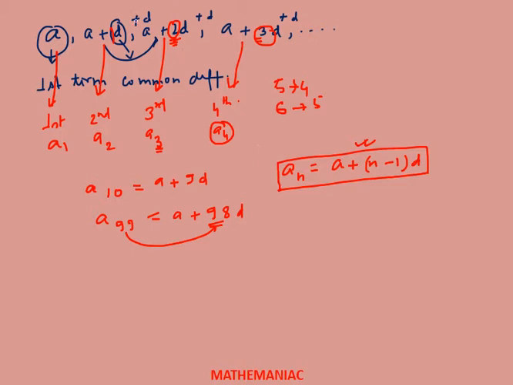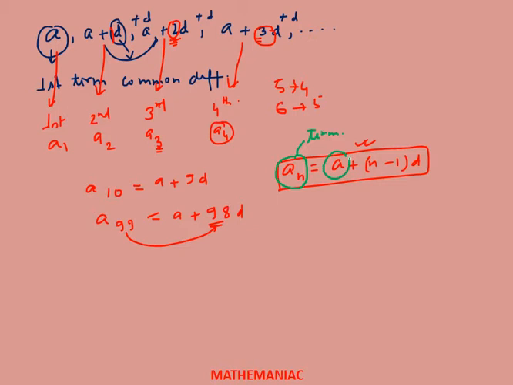One more thing I would like to emphasize, because students find a lot of problems in working out the problems of AP because of non-clarity of the symbols. This is the term, right?